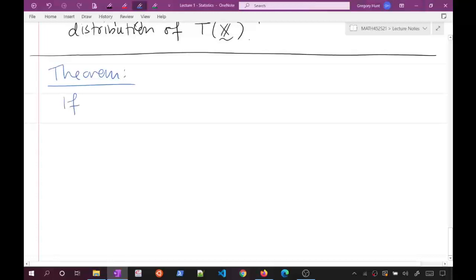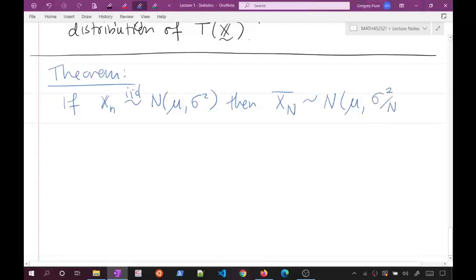If I have a random sample and they come from a normal distribution, this normal distribution has a mean mu and variance sigma squared, then introductory statistics tells us that the sampling distribution of X bar is also normal with a mean mu and a variance that is now sigma squared divided by my sample size, capital N. Underline it. That's the theorem.